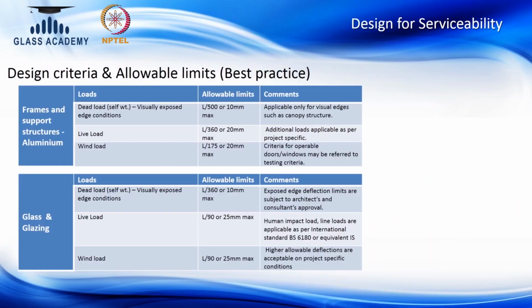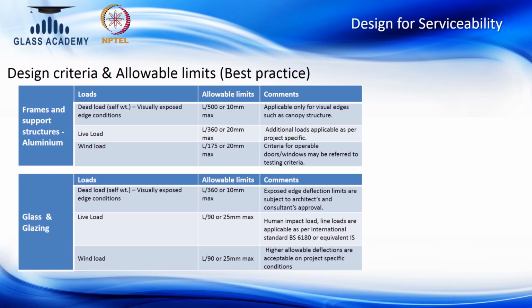The general design criteria, or what we call best practice, for framing elements. The framing elements on facades are generally aluminum framings. These 3 different types of loads are applicable here: dead load, mainly the glass panel or cladding panel; live load, just due to the glazing element or impact from human load, or if it is used on a skylight, there are maintenance and human loads to be considered; and wind load.